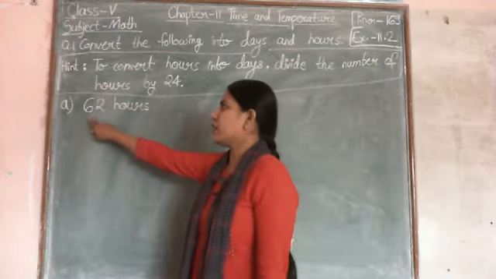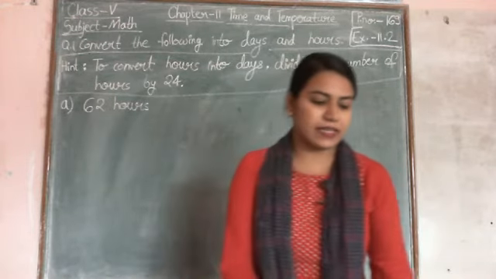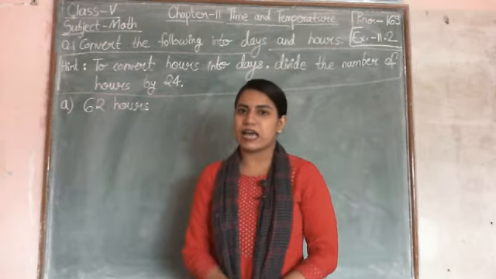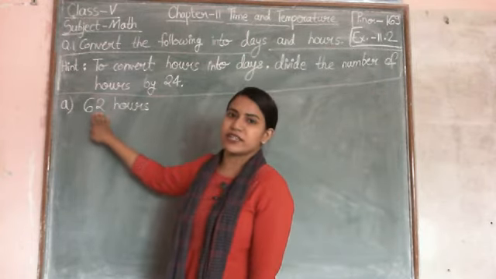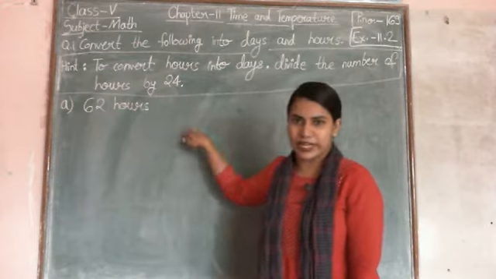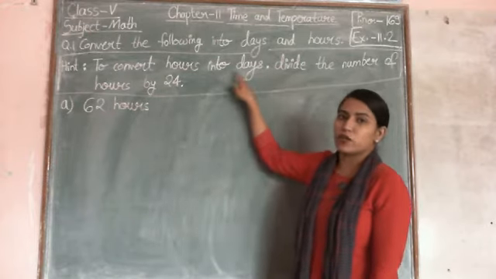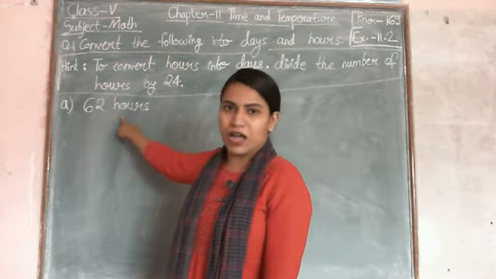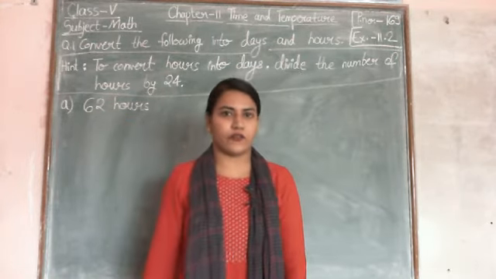Question number 1A is 62 hours. What is our task here? Our task is to convert 62 hours into days. To convert, we divide the number of hours by 24.